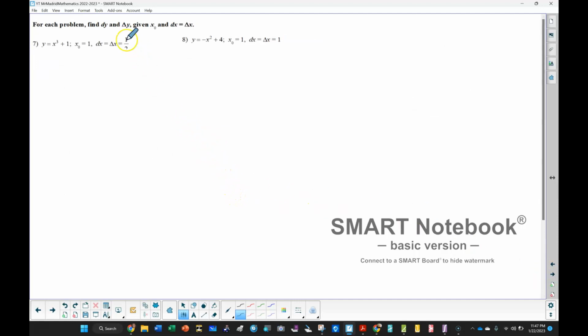Now, here, for each problem, find dy and the change of y given x naught and the differential x equals delta x. We're going to work on number 8, so let me scratch this off. Let's really take time to process this.